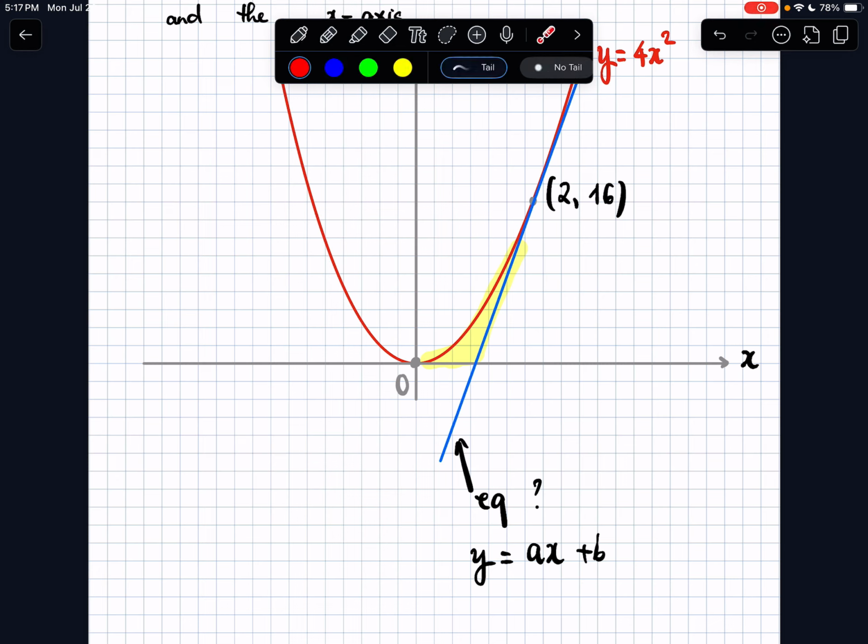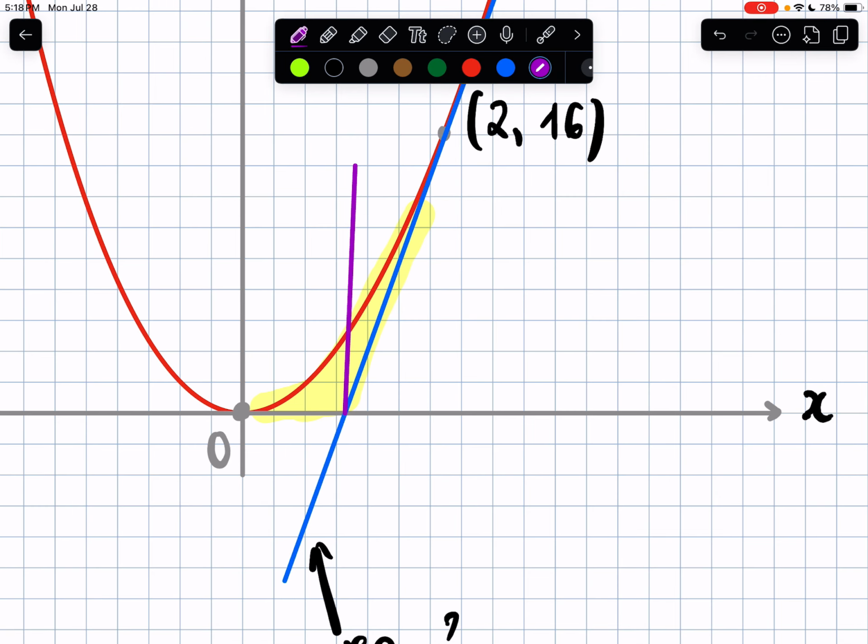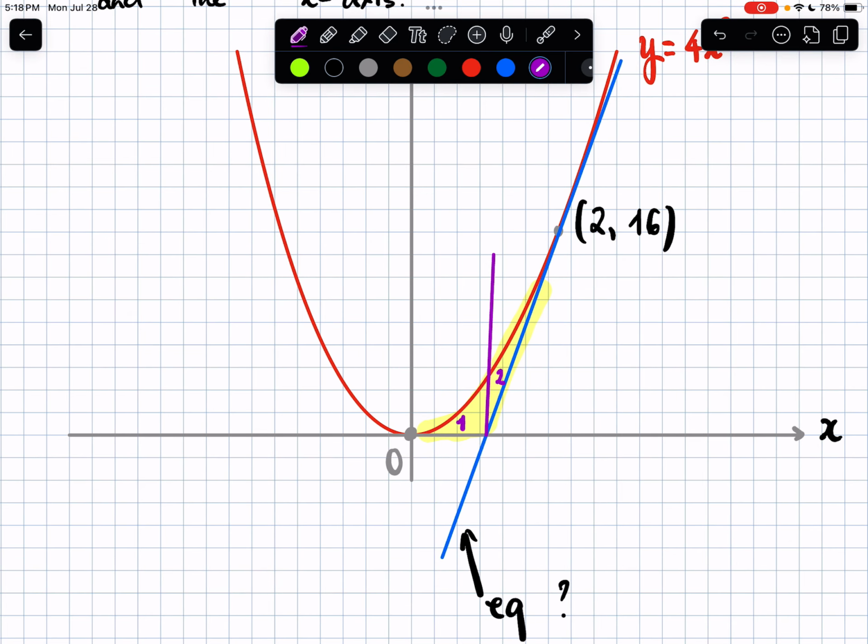Then what's next? We have three curves here. Let's divide this region into two parts by this vertical line. Then we have two small regions, region 1 and region 2.